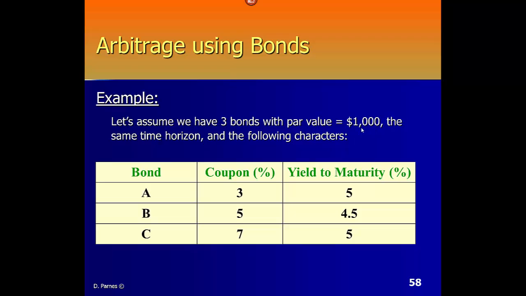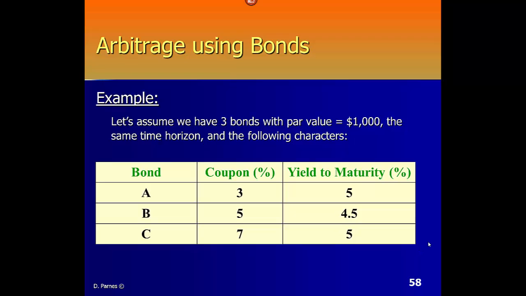It has the same par value of $1,000 and the same time horizon, but the portfolio of bonds A and C has a higher yield to maturity of 5%. We already saw that with a higher yield to maturity, holding everything else the same, the price must be lower. Higher yield, lower price. Lower yield, higher price. So just because bonds A and C have a higher yield to maturity, everything else being the same, the portfolio between bonds A and C will give you a lower price.